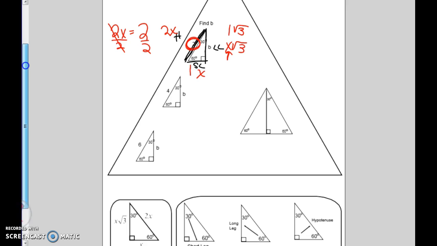Not much different? Okay, down here, what do we call this side right here? Hypotenuse. What would we call this one right here? Short leg. What do we call this one? Long leg. Let's write in our pattern. This side would be what? X. My hypotenuse would be 2x, and my long leg would be x radical 3.